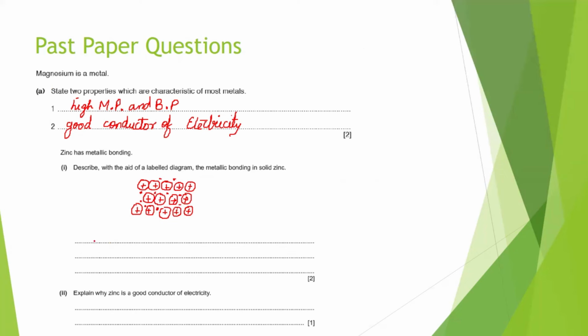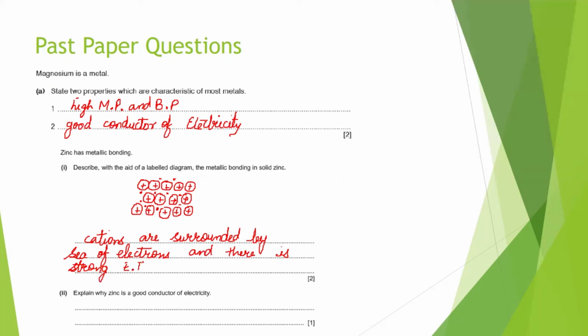So here, how can we describe it? Cations are surrounded by a sea of electrons, and there is strong electrostatic force of attraction between cations and the sea of electrons.